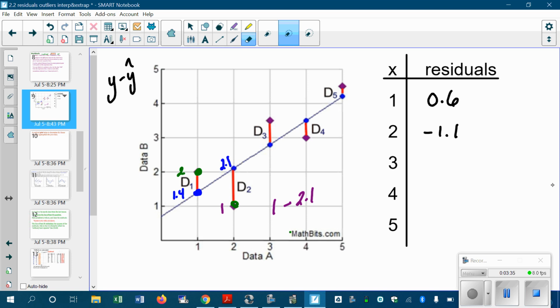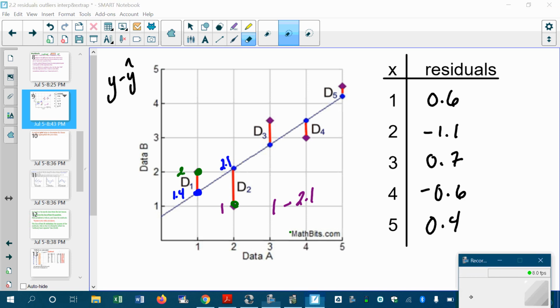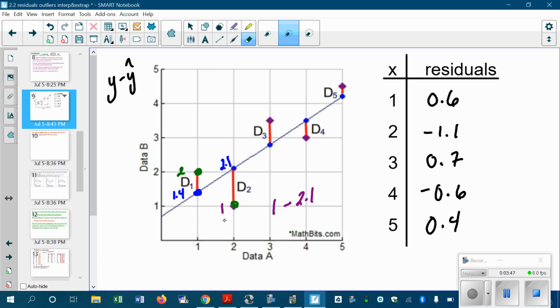Now let's just cut to the chase on that. I just did some quick estimation without you. You can see that these two locations, distance 2 and distance 4, those residuals would be negative, the other ones would be positive. Something else you might notice is there's a sense of balance. The line of best fit is best because it manages to go right down Main Street.